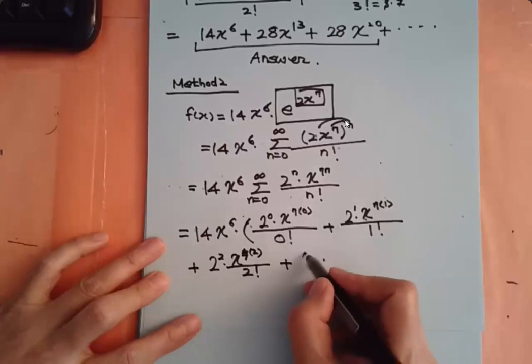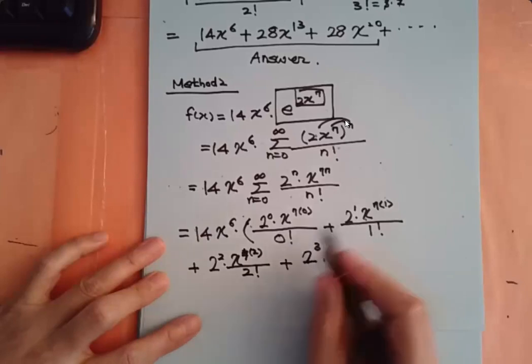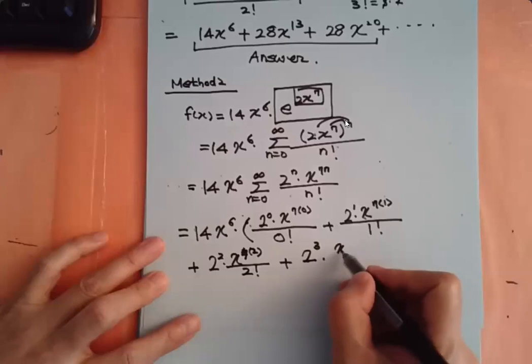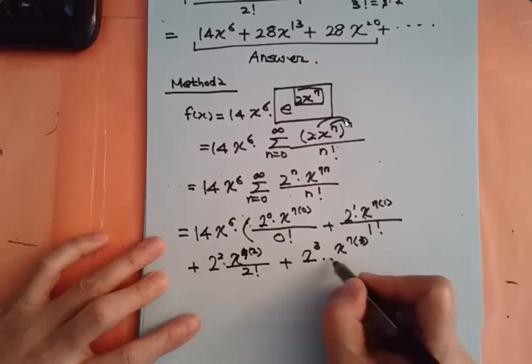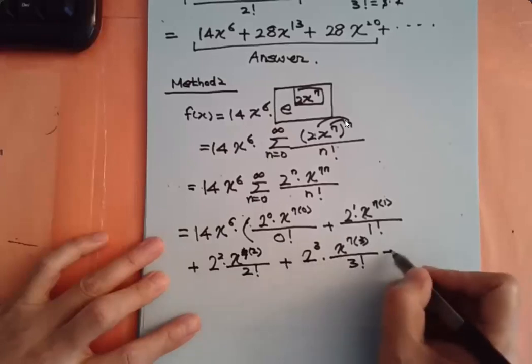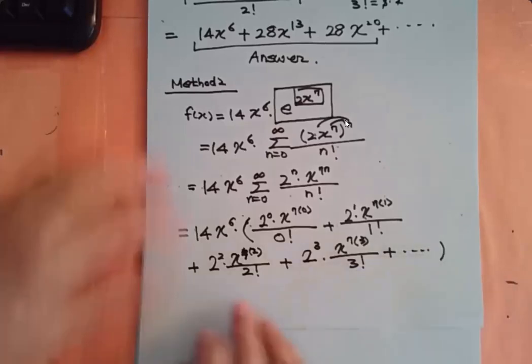Let me do one more: 2^3 times x^(7*3) over 3 factorial, plus and so on.